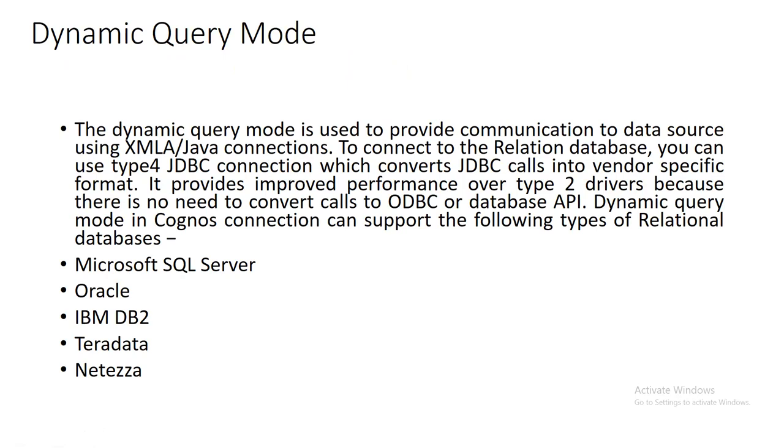Apart from this, Teradata, Netezza, all these are third-party database environments that contain data of the business processes in the real world. Through dynamic query mode, using a JDBC connectivity, Cognos tries to integrate with external data sources also.